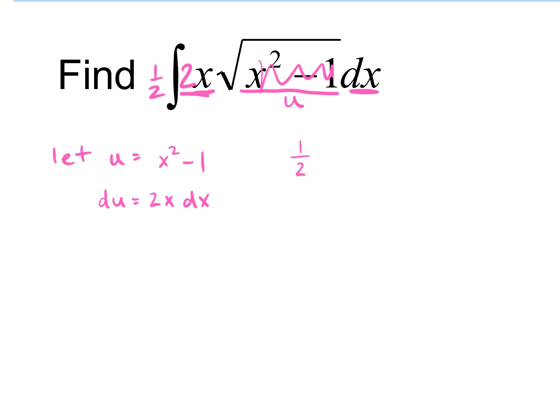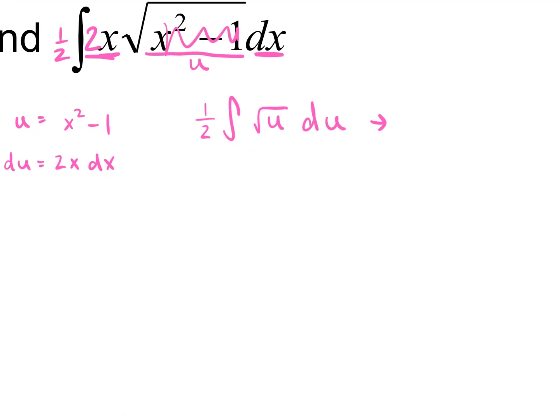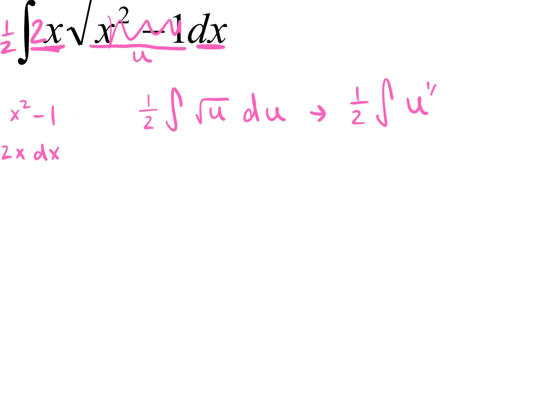So we have 1/2 times the integral of the square root of u times du, which we can change to an exponent. So we have 1/2 times the integral of u to what power? To the 1/2 power du, and then we can take our antiderivative here. So don't forget that 1/2 on the outside.